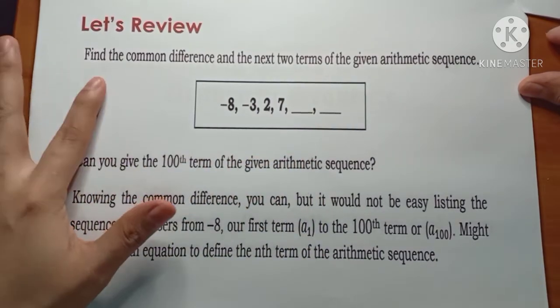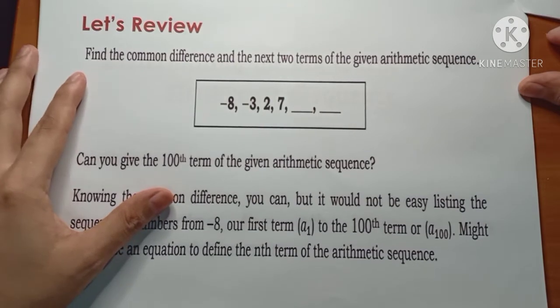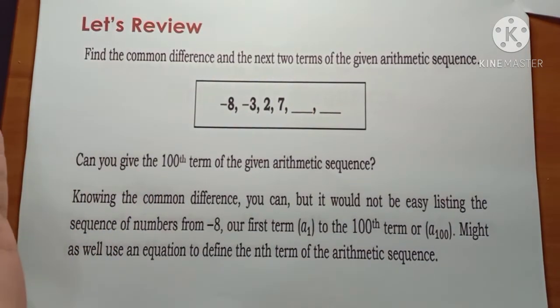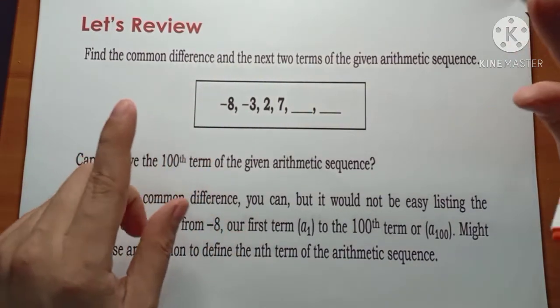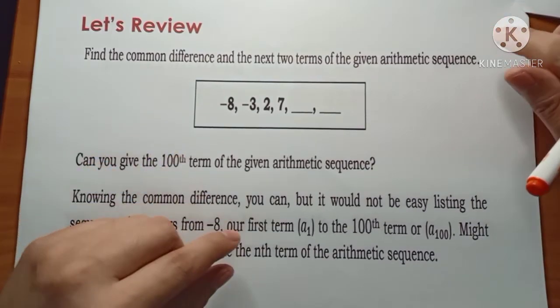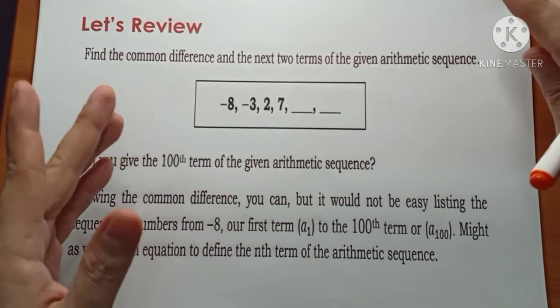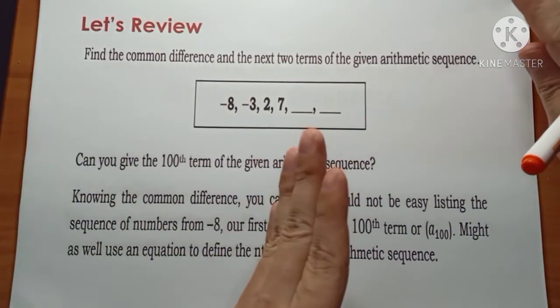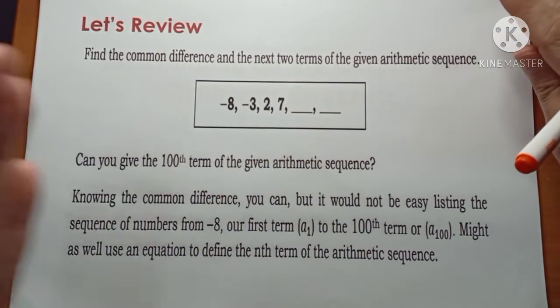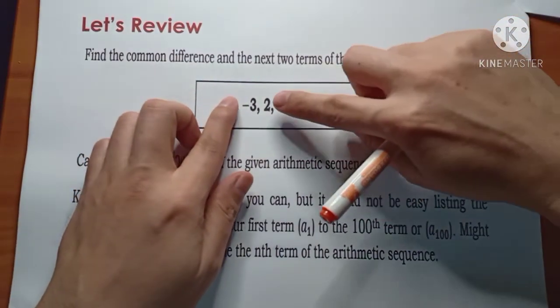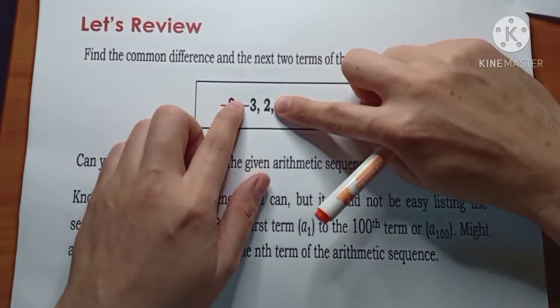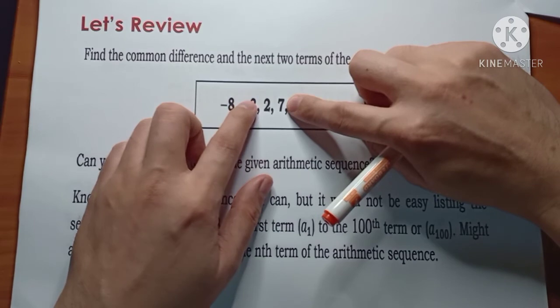And then, since hanapin natin ang common difference, di ba sabi ko nung sa last topic natin, dapat kukuha lang tayo ng dalawang magkasunod na term, and then subtract natin yung pangalawa at isubtract natin yung kanyang preceding. At yung third naman, i-minus natin yung second. Yung fourth naman, i-minus natin yung third para makuha natin yung common difference.